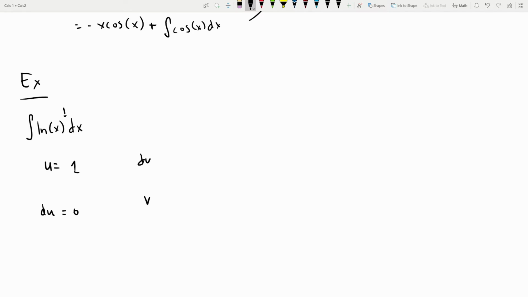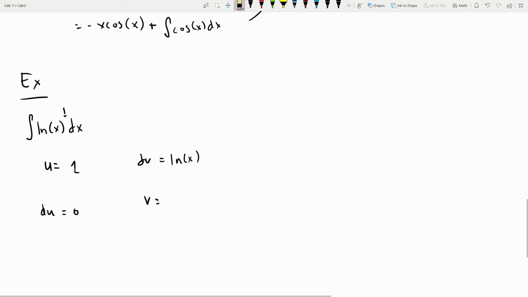So in a sense, it is simpler, but then with dv, we're going to be left with ln of x, right? And to find v, we sort of need to already take the integral of this. So if we can do this step from converting dv into v, then there's no point of this integration by parts, because we're essentially just looking for the integral of the ln.